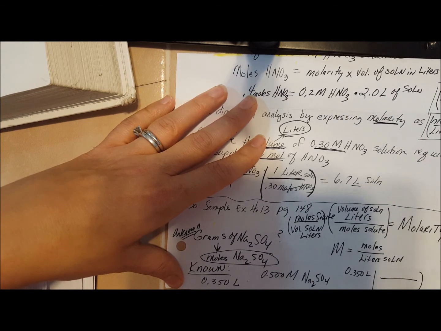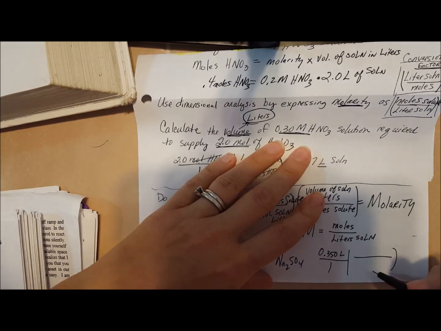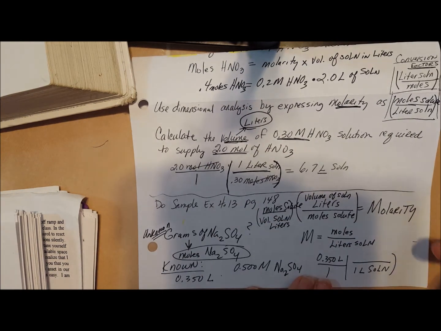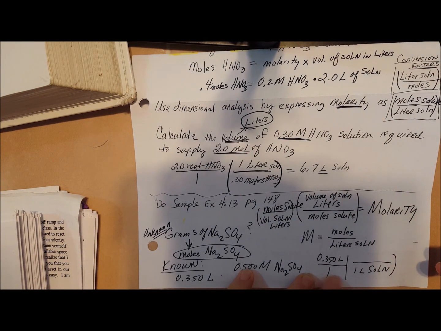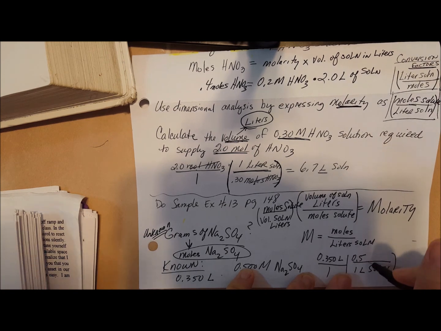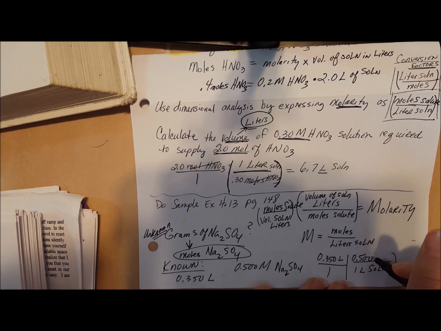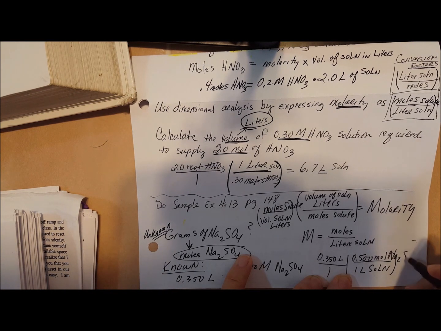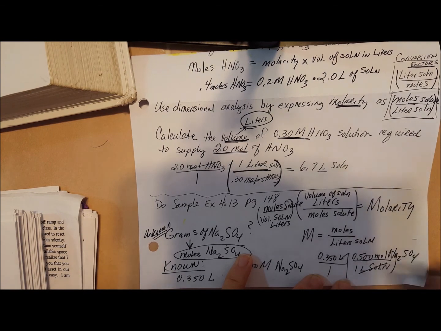So you set up your dimensional analysis, and you put liters in the bottom, 1 liter of solution, and you put 0.500 moles of sodium sulfate. Opposite sides cancel.